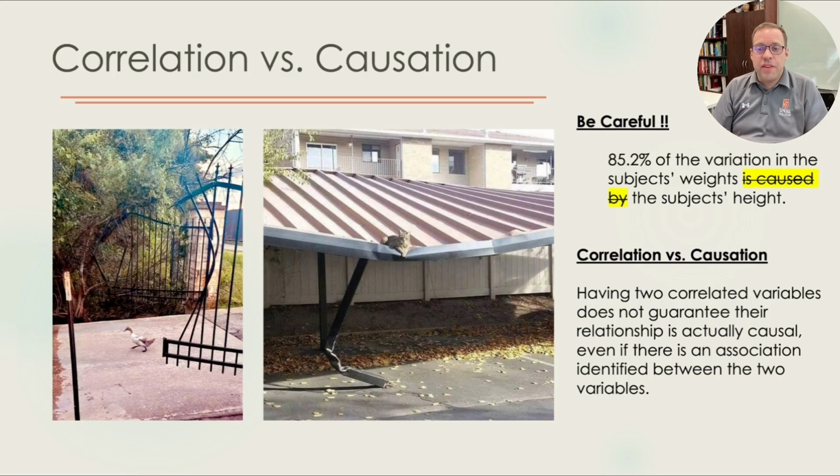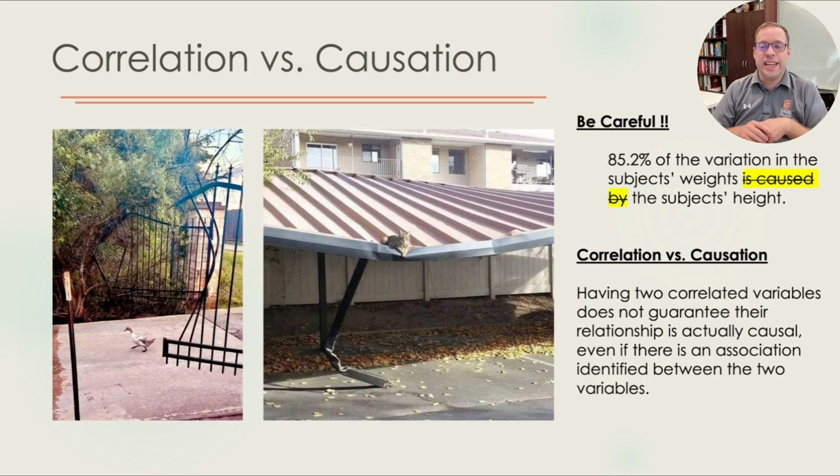Having two correlated variables does not guarantee their relationship is causal. Even if there is an association identified between the two, even if we know there's a relationship between the two variables, we cannot say that the explanatory variable causes the response variable.